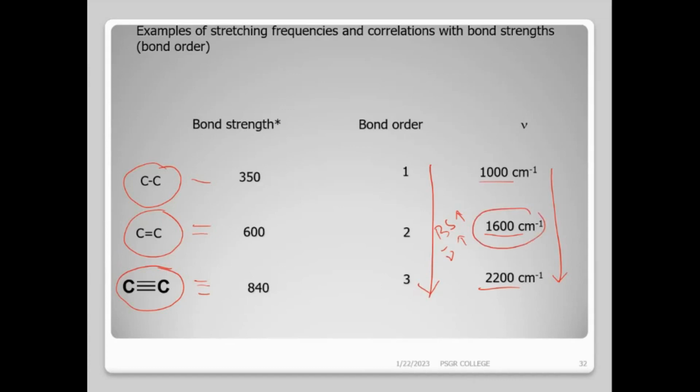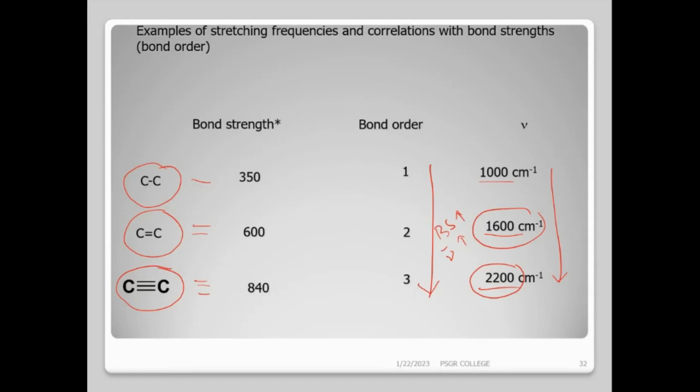All molecules with a triple bond come near 2200. Do you need to memorize this? No, ma'am. No need. Double bonds: N double bond O, nitro; C double bond O, carbonyl, acid, ester, aldehyde, ketones, all in the 1600 range.